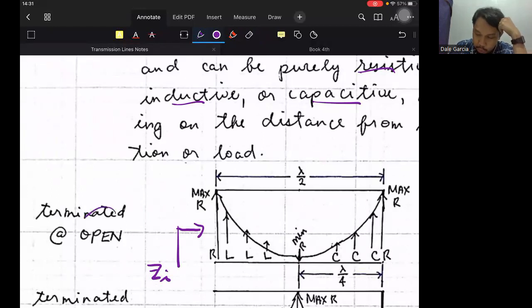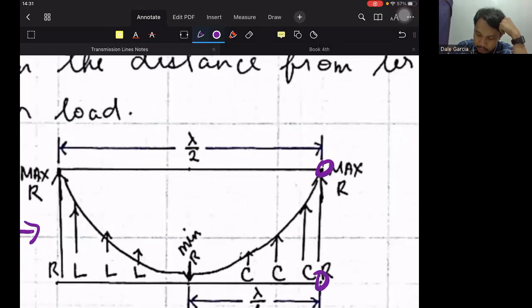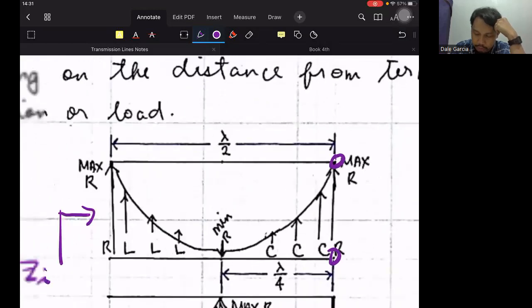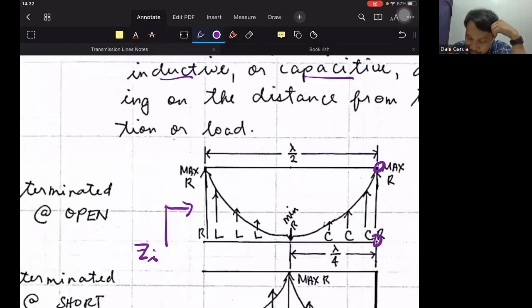So again, this is terminated at open, meaning open line ni dire. Okay. So if our piece of wire or piece of stub is a full 1/2 wavelength long, it is like a resistor, no? So ako naman ang na-indicate dire.